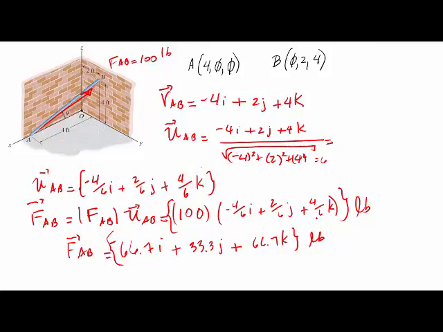Let's double check if we're correct or not. Because then the magnitude of that vector has to be what? 100, right? So how do I check that? It would be 66.7 squared plus 33.3 squared plus 66.7 squared.